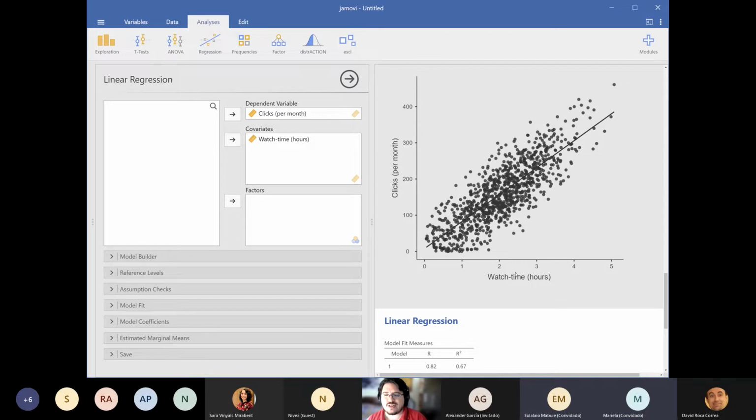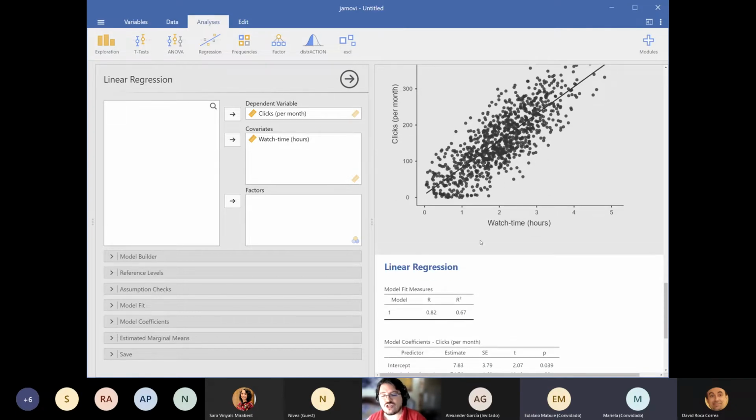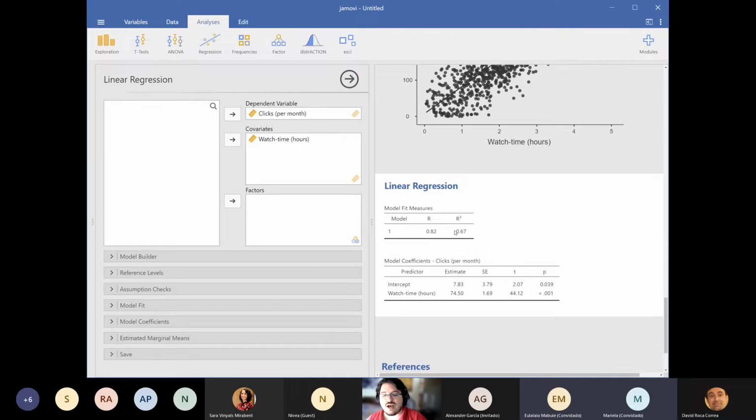Our idea is to explain how much these clicks change per month, given the watch time in hours in that month, and the amount of that variance that we can explain just with the watch hours is the R squared. Okay?